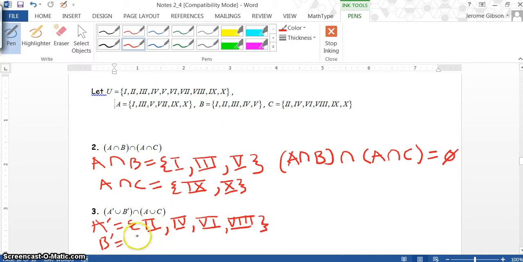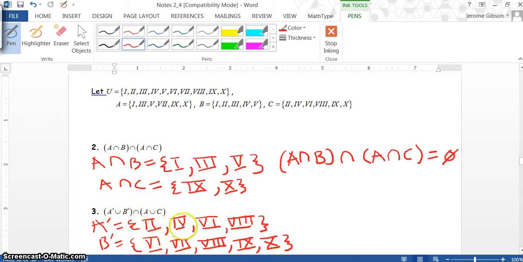Now we need to go to B. Now B complement is all the values that are not contained in B. It'll be 6, 7, 8, 9, and also 10. Now, let's go here with the union of these.